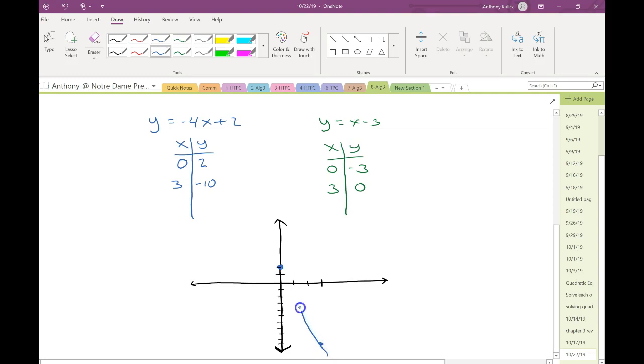Draw my line. It's going to look like that, probably. And then I have 0, -3, and then 3, 0. Draw that line. It's going to look like that. So this guy is my solution. That looks like to me the point 1, -2, right?